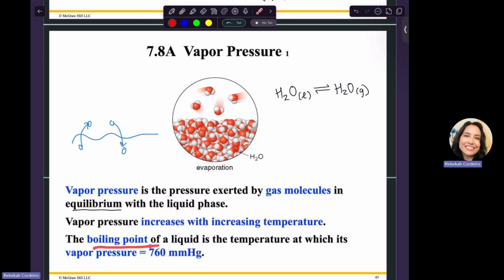So the boiling point of a liquid is the temperature at which the vapor pressure is equal to the atmospheric pressure. So this is our atmospheric pressure. When the pressure of the vapor equals the pressure of the atmosphere, then everything gets to turn into gas at that point because they're pushing each other. And again, we'll go over this in class a little bit more and I can help you with the concept of that.